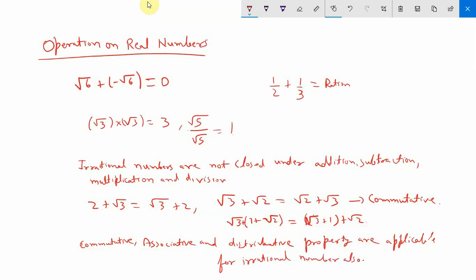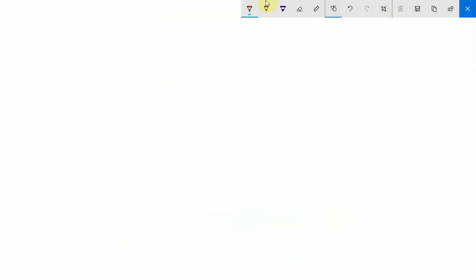Okay, so we will clean this and we'll see some problems. Addition of two irrational numbers. So if we add a rational number and an irrational number, the resulting number will be irrational. Now, if we take a question, we have to find the addition of 2 root 2 plus 5 root 3 and root 2 minus 3 root 3.